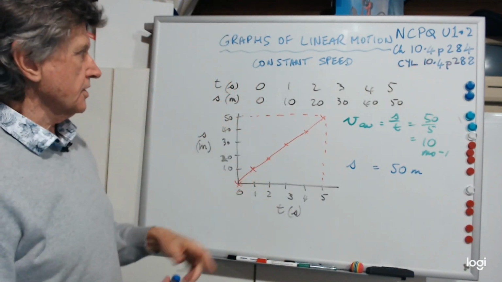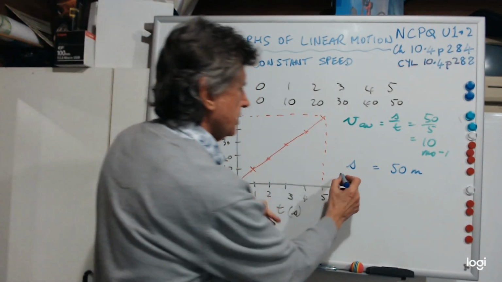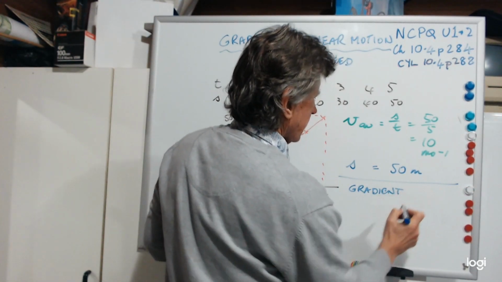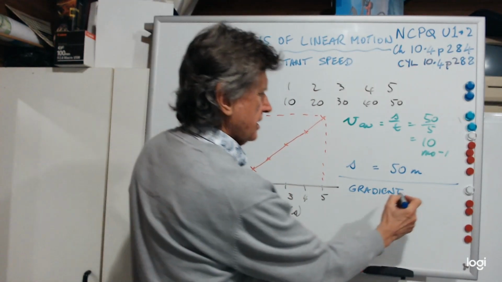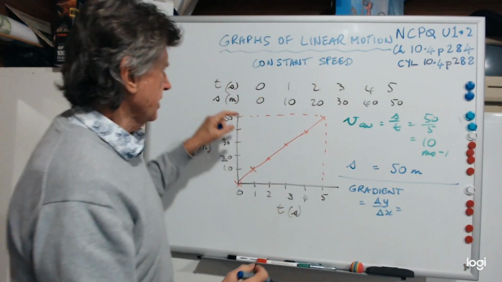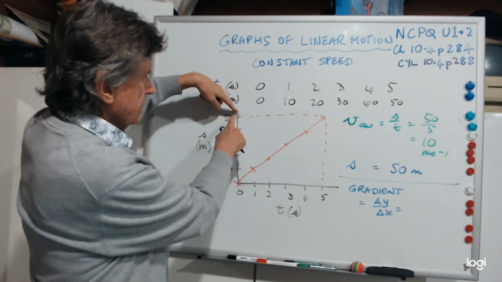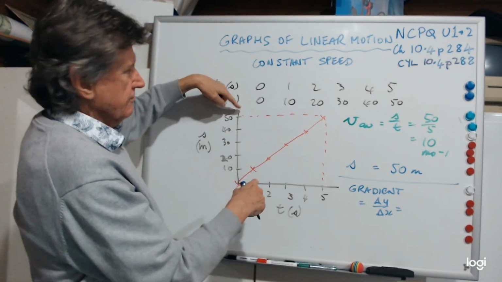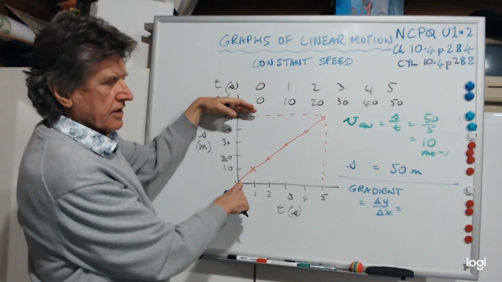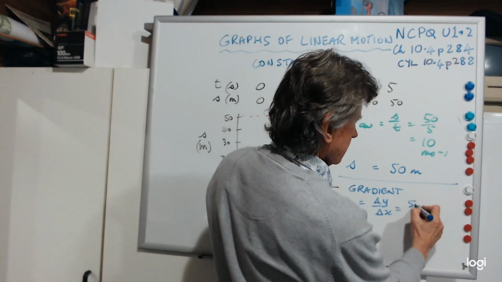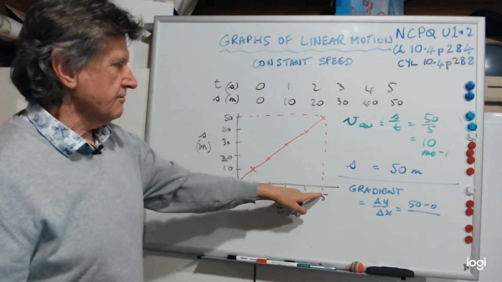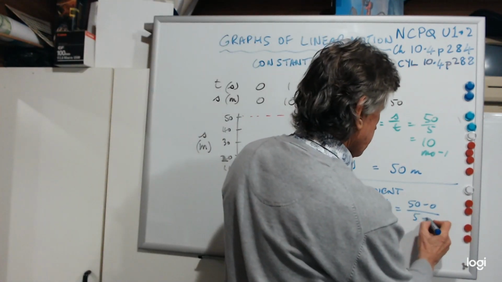The first thing I'd like to work out is the gradient. If you look at the gradient, it's change in y, so it's delta y over delta x. So change in y is from 50 to 0, so final minus initial. The final y value is 50, the starting y value is 0. So that was final minus initial for the displacement, and the final minus initial time is that.